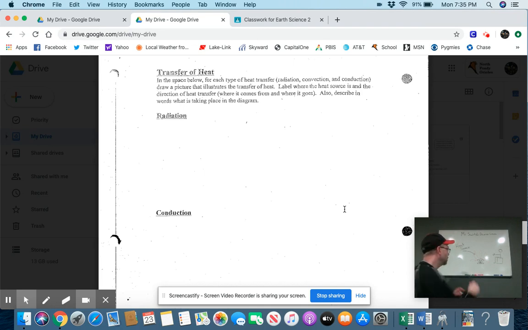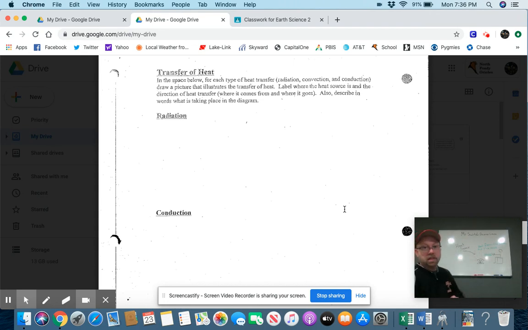Well, in this case, and I'm going to do this in green, the heat is being transferred from the flames to the hand. So heat from the flame to the hand.